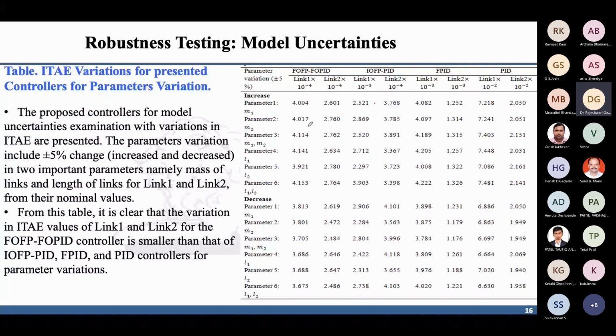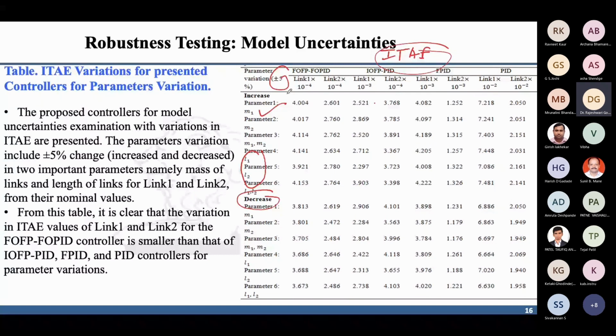So here we can see that we have changed the mass by 5%, not big changes, only 5%. Similarly, we have changed the length, sometimes increased, sometimes decreased, and tried to understand what the changes in the ITAE value were. These are the ITAE values, and we observe that the change in the proposed controller is very small.